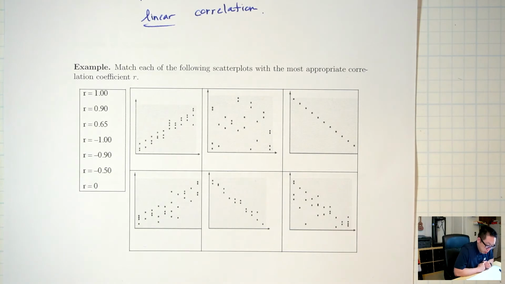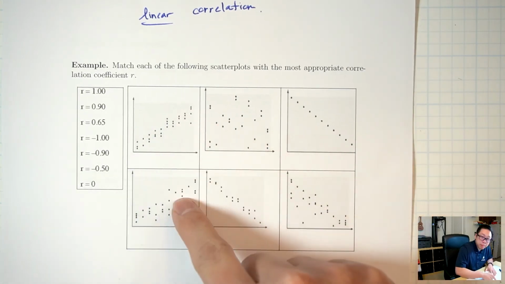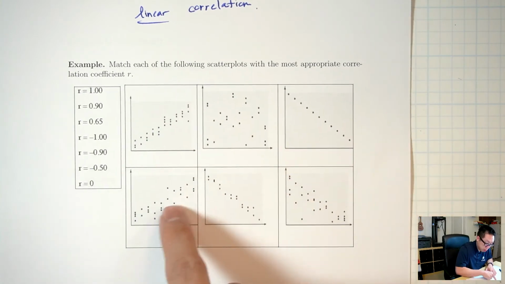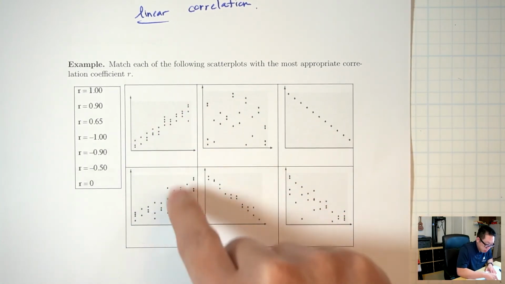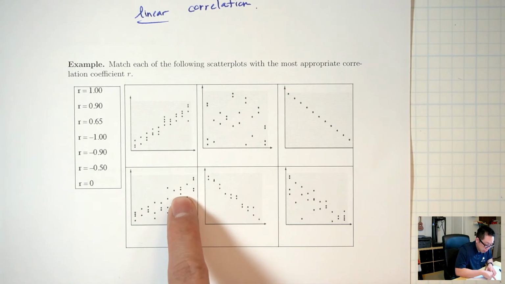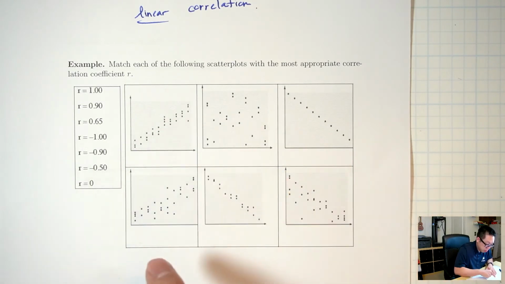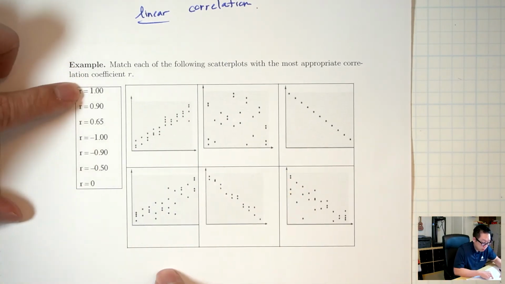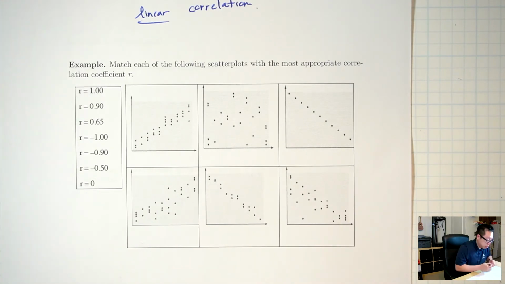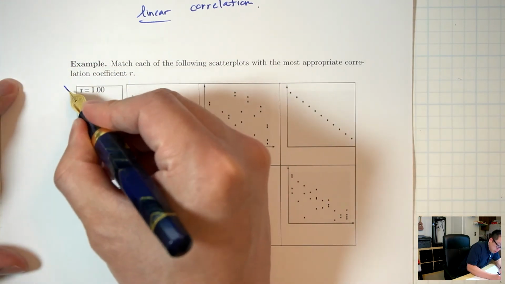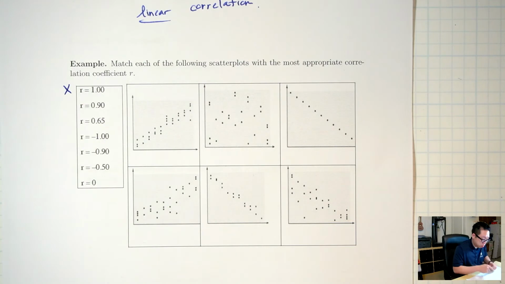Which pictures go upward? These 2 pictures are the only ones that go upward. Notice that we don't have any upward pictures that are perfect lines. R of 1 means it's a perfect line, so we're not going to be using R equals 1 at all.